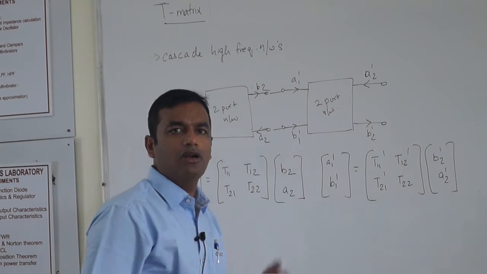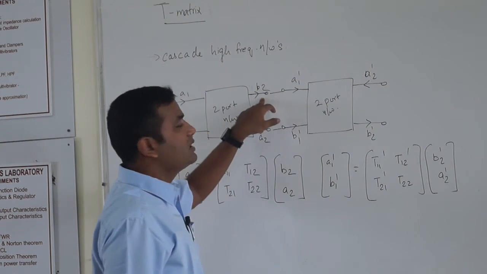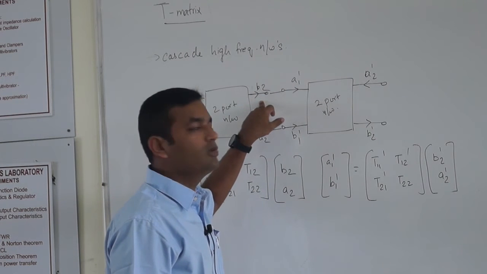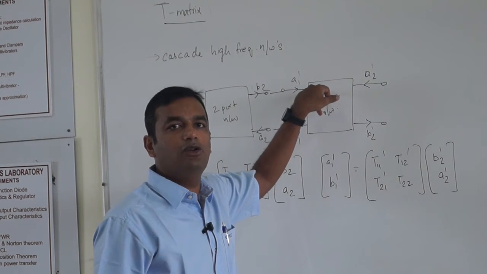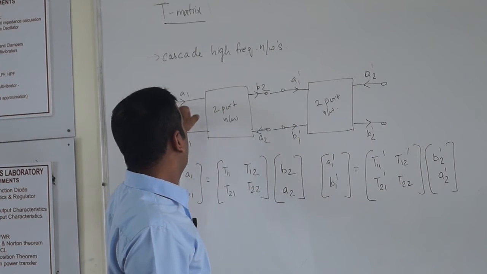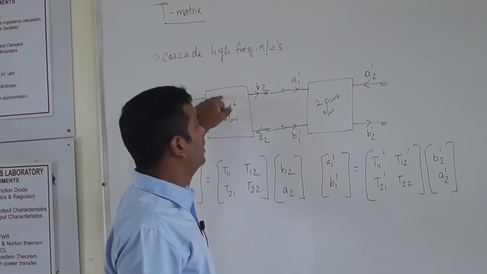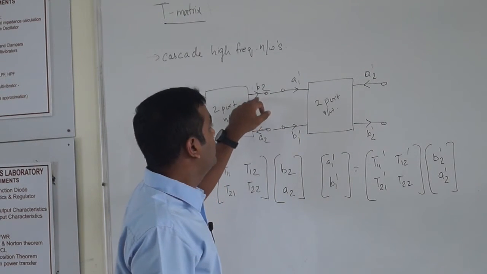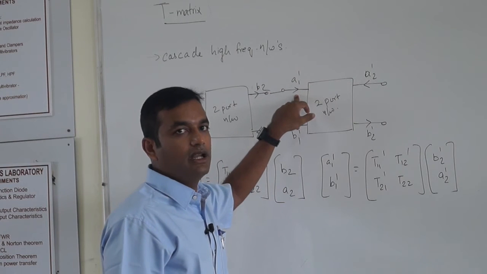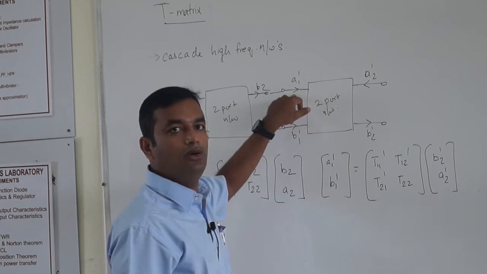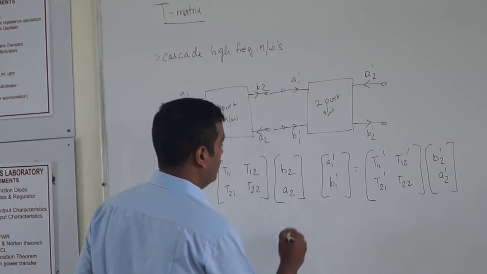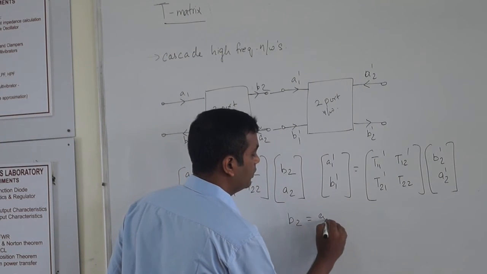I'm just reorganizing the diagram, nothing else. This is the output signal, and it is entering into the second two-port network. The signal which is coming from A1 is being processed in this two-port network and it is coming out as B2. Now this signal is entering into the second two-port network. So B2 will be equal to A1 dash.